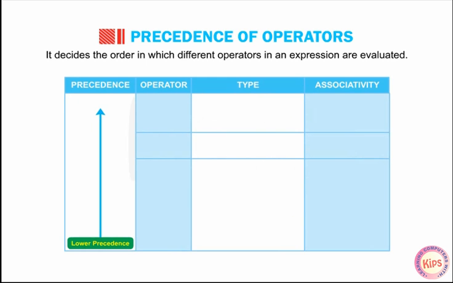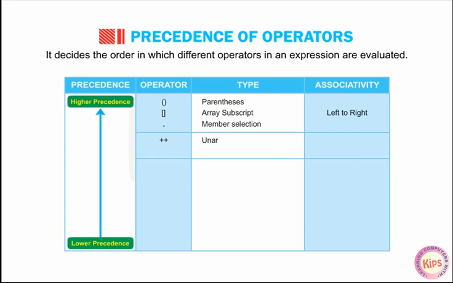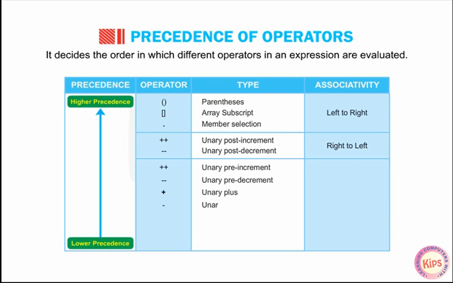Precedence, lower precedence, higher precedence, operator type: parenthesis, array subscript, member selection, associativity left to right. Unary post increment, unary post decrement, right to left. Unary pre-increment, unary pre-decrement, unary plus, unary minus, unary logical negation, unary bitwise complement, unary typecast, right to left.